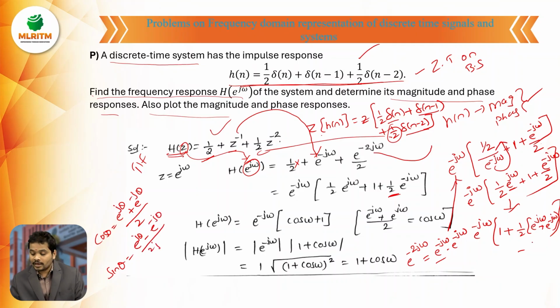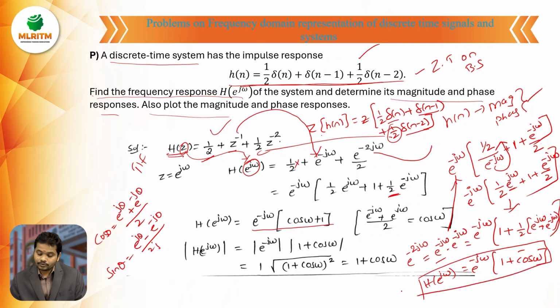By applying this formula, in the place of theta we have omega, so cos omega. So we have e^(-j omega) into (1 + cos omega). Like that, we have obtained H(e^(j omega)).